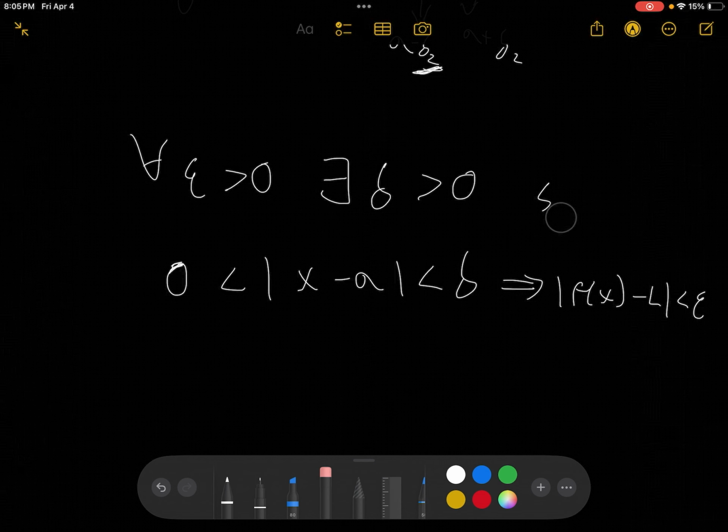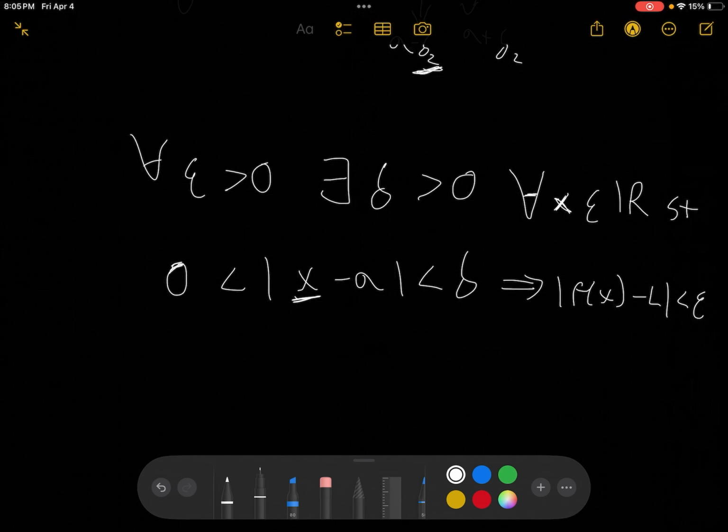And notice that there's a bit of a hidden quantifier in here, which is that technically we should be specifying what x is. In this case, we want this inequality to be true for every real number x.